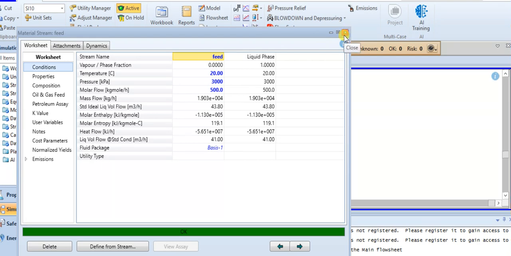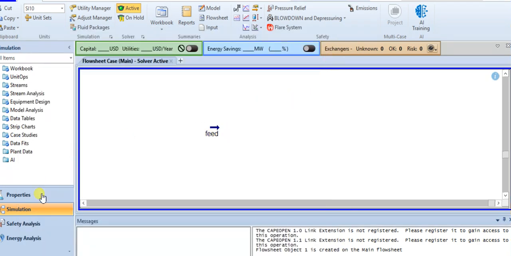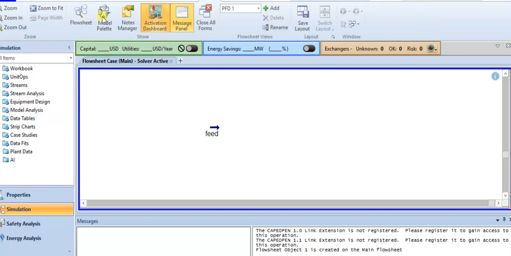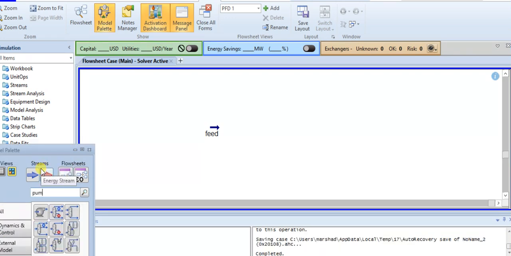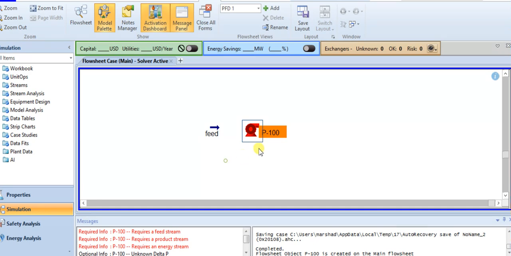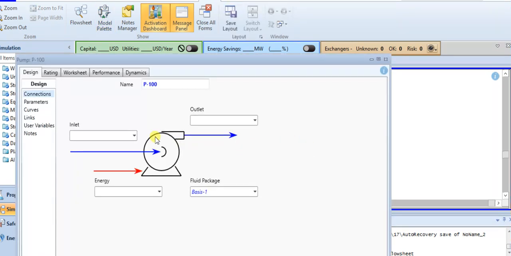Now we need to increase the pressure further, so what we need is a pump. Inlet is the feed, outlet is the distillation in.